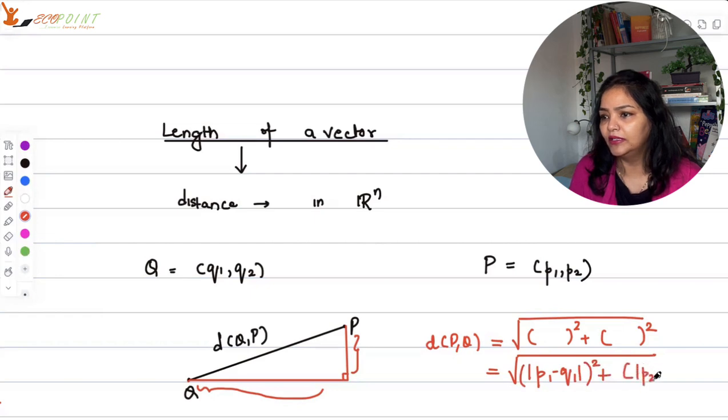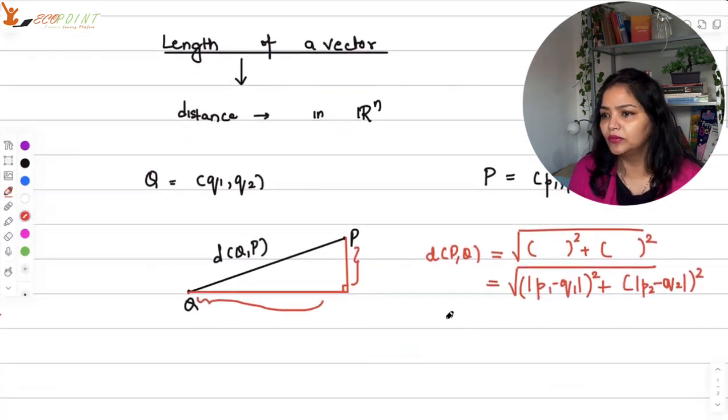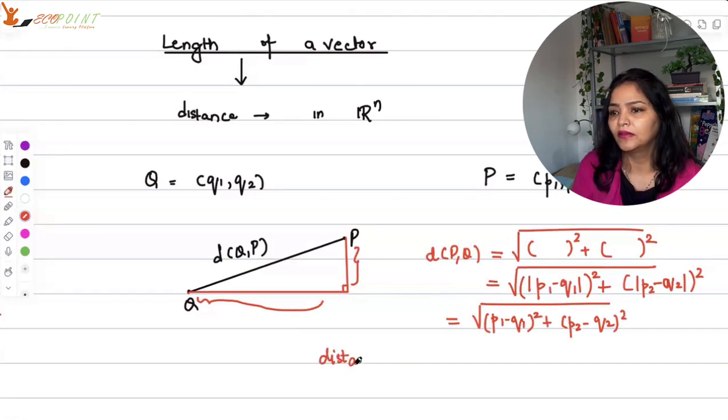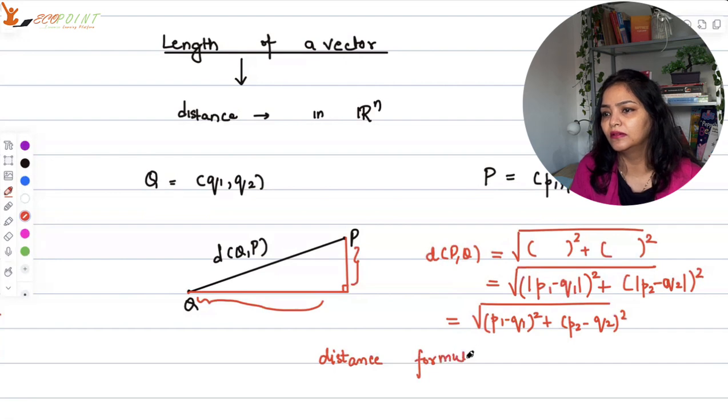And similarly, for the y-axis, it will be P2 minus Q2 absolute value and the square of that, which gives you that this is nothing but square root of P1 minus Q1 square plus P2 minus Q2 square. I'm sure you can recall this is nothing but the distance formula. That's how you get the distance formula.